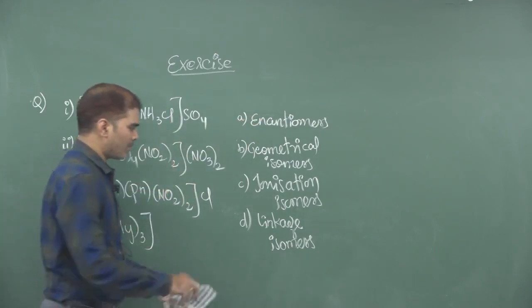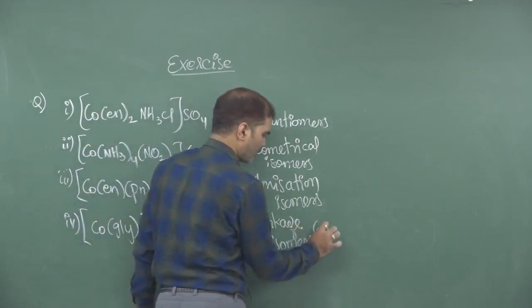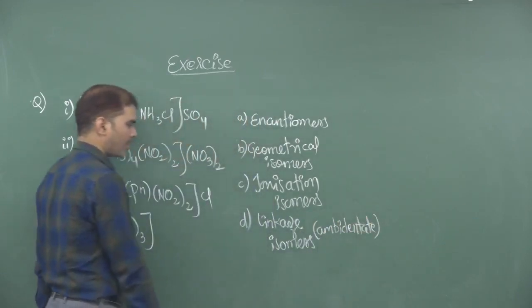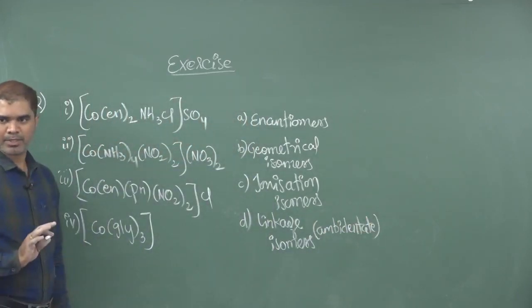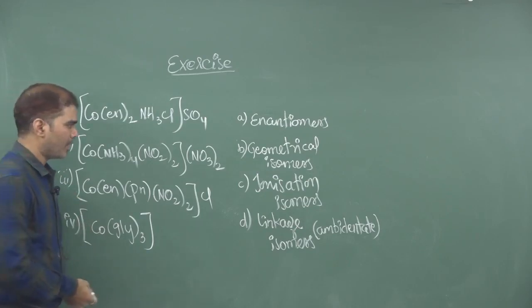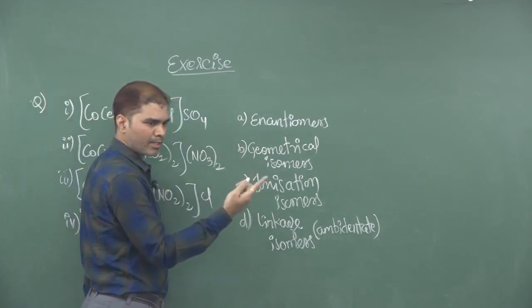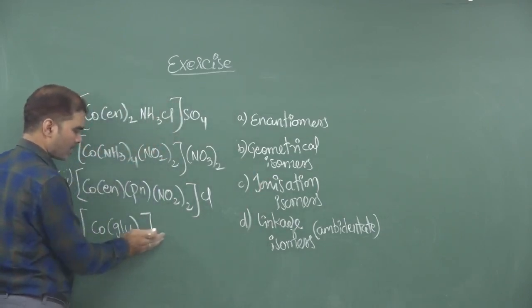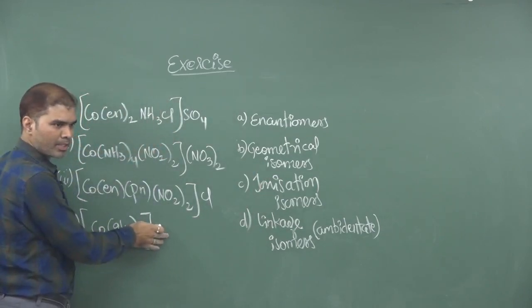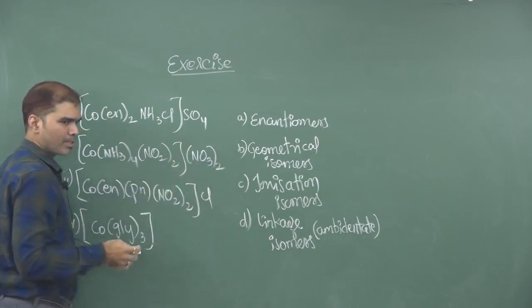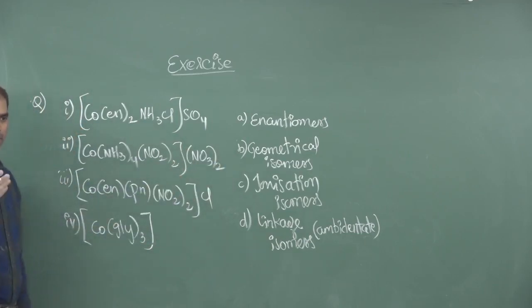So linkage isomer means you have to have an ambidentate ligand. That is the hint we have. For ionization isomer, there should be some ion in the ionization sphere. Here there is no ionization sphere, which means it does not have ionization isomers. Geometrical isomers, that depends. We have seen all the different combinations for octahedral and square planar.